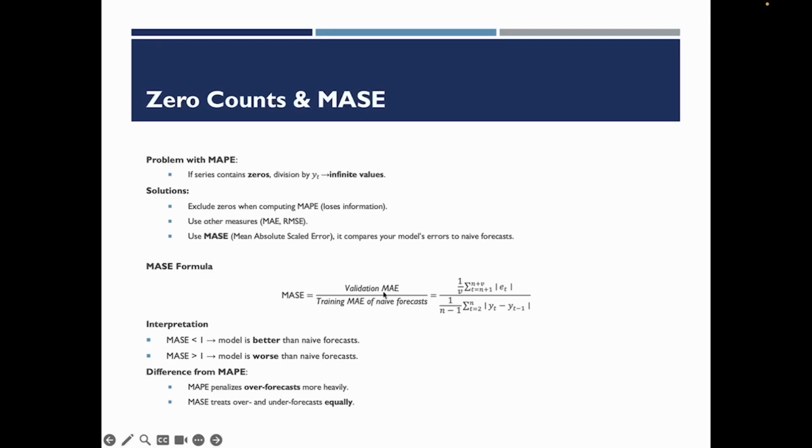That's why we compare what we are doing in our model by what we got from the naive base model. So if this is greater than 1, then this is worse than this guy. If it's less than 1, that means we are doing better than the naive base.